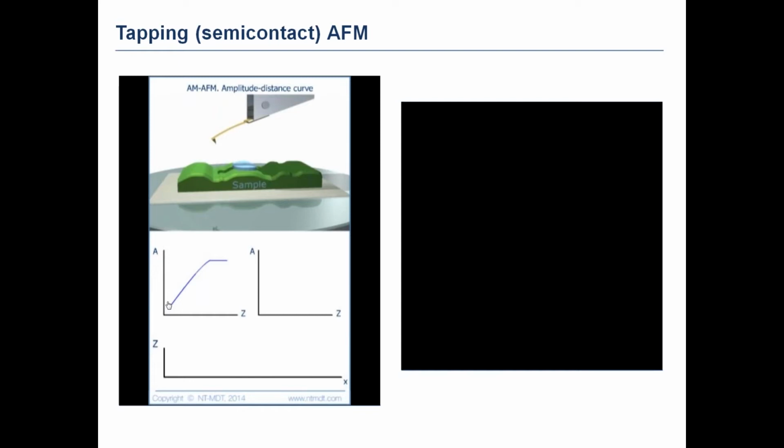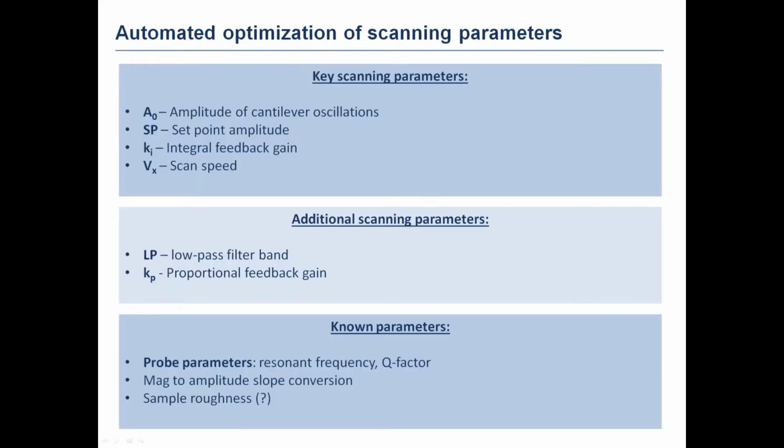So, while operating in tapping mode, there are four key scanning parameters that the AFM user has to adjust to get the proper image. First is the amplitude of cantilever oscillations. The second one is the set point amplitude that the feedback system will keep constant. The third one is the integral feedback gain, and the fourth is the scan speed.